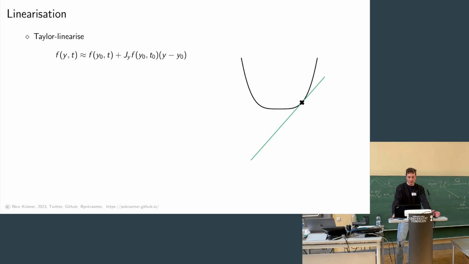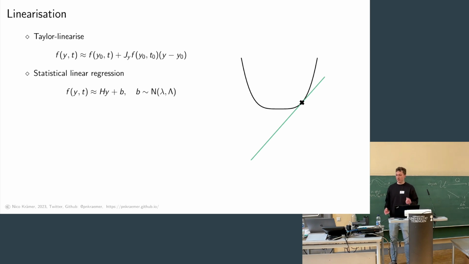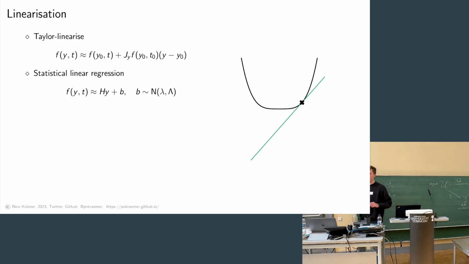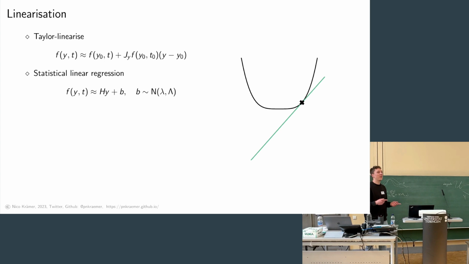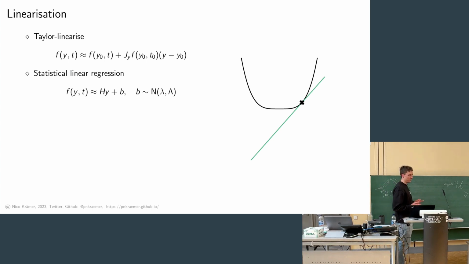Instead of Taylor linearization, we can also treat this completely statistically. So we know that when we linearize, we usually linearize around some local estimate. Often it's the result of the extrapolation, but that's a distribution, so that's a Gaussian distribution.